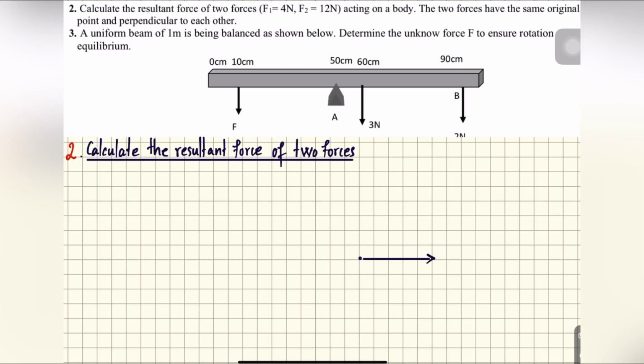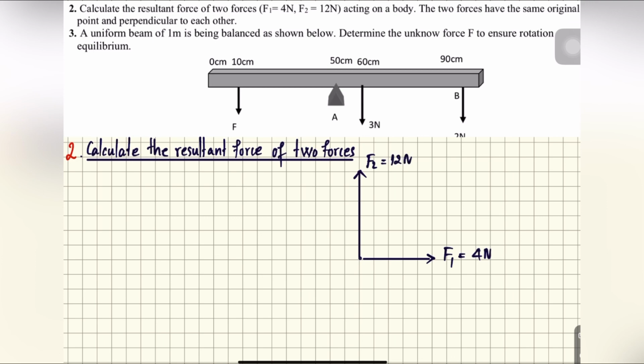We may label this one as F1, which is 4 newtons. And then the other one, we suppose that it goes up, F2, which is 12 newtons.